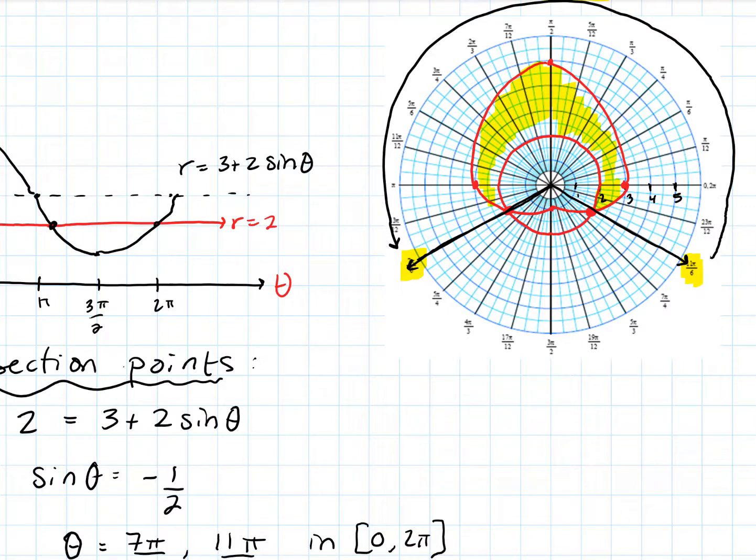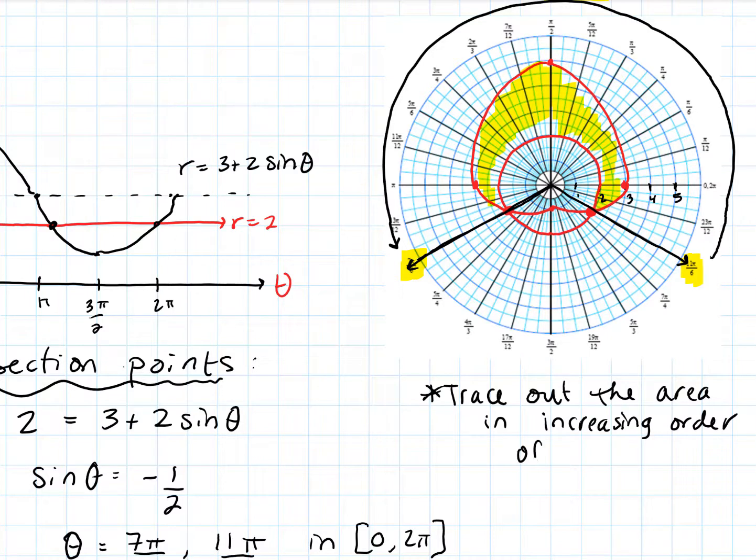We want to make sure that we always trace out the area in increasing order of theta. We can't go from 11 pi over 6 to 7 pi over 6. That would not be going in the right direction.